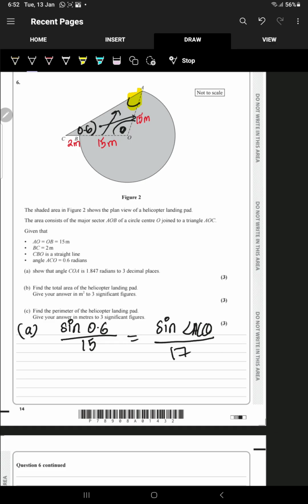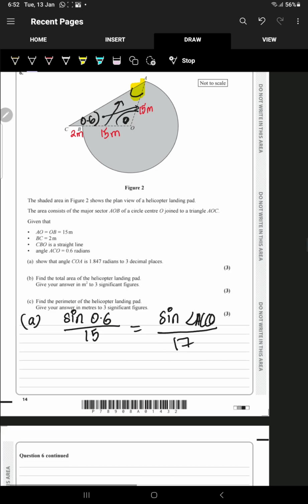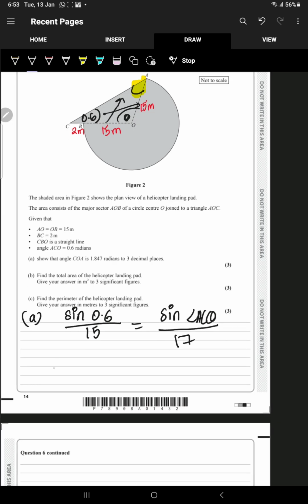If we can find ACO, we can subtract it from 180 and 0.6. Since it is needed in radians, 180 degrees is pi radians.